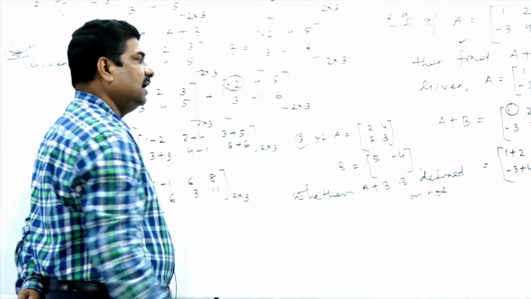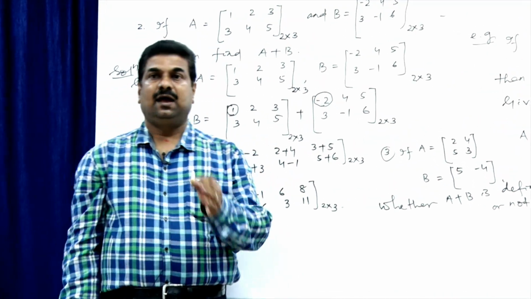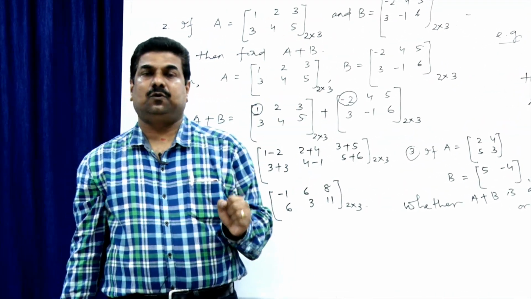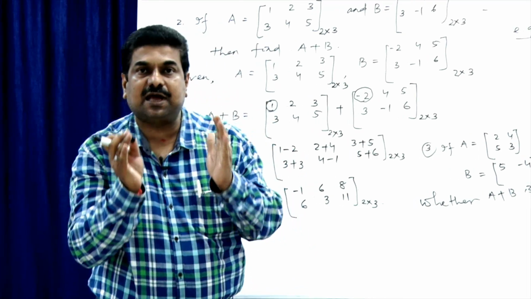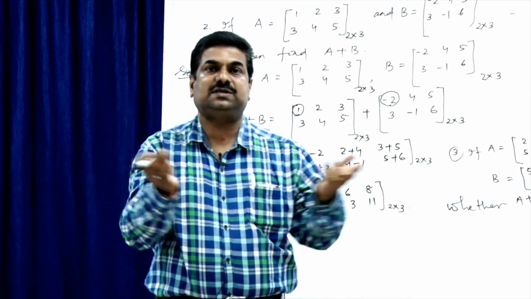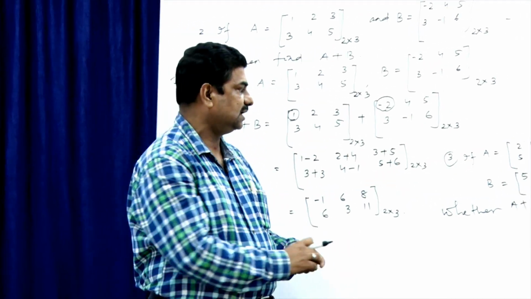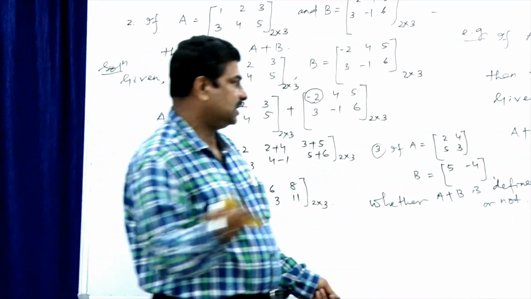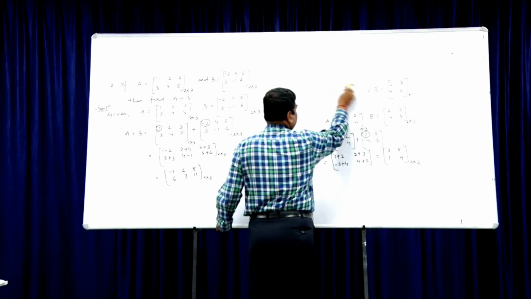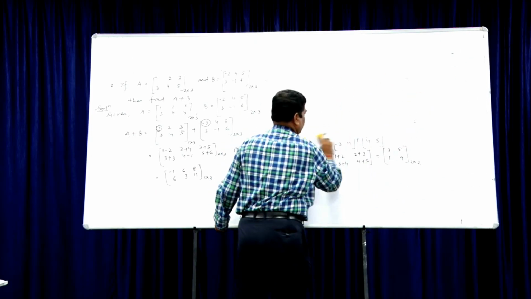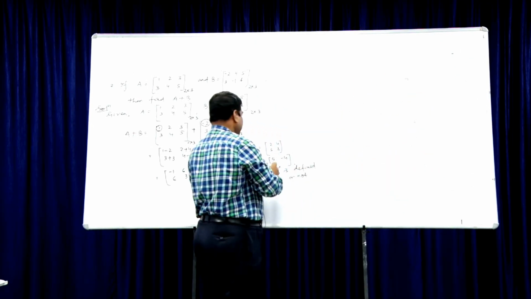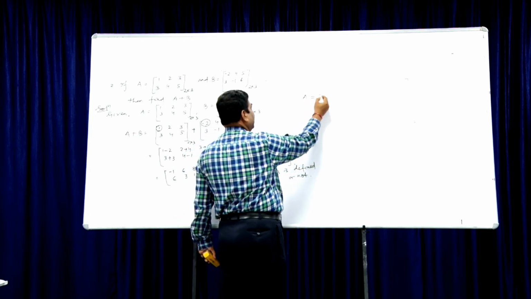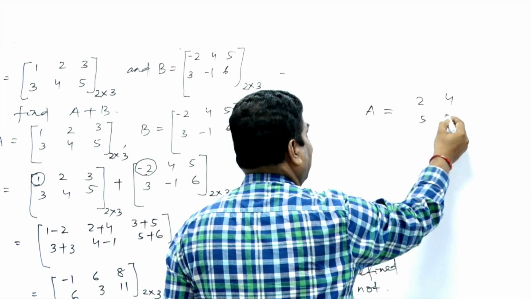I have already explained that if A and B are of the same order, then the sum is of the same order. But here A is equal to [2 4; 5 3].